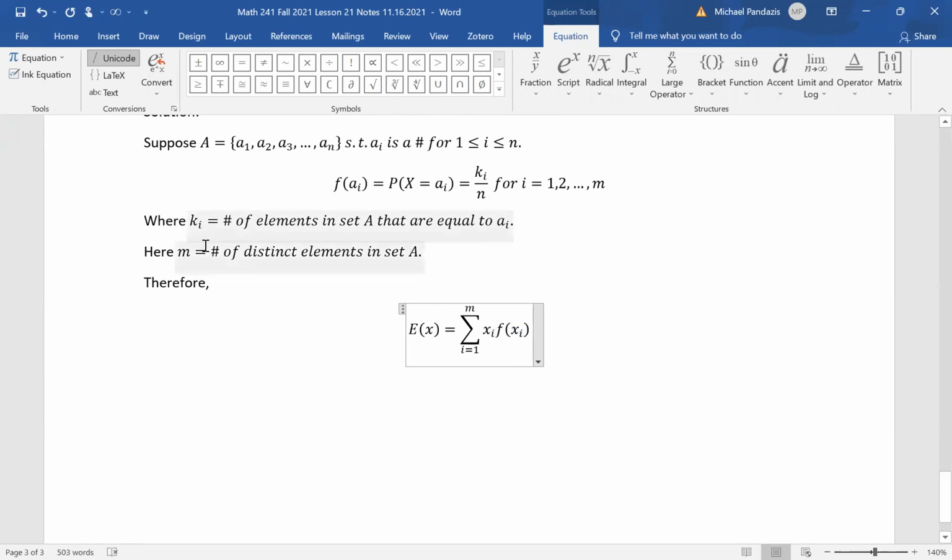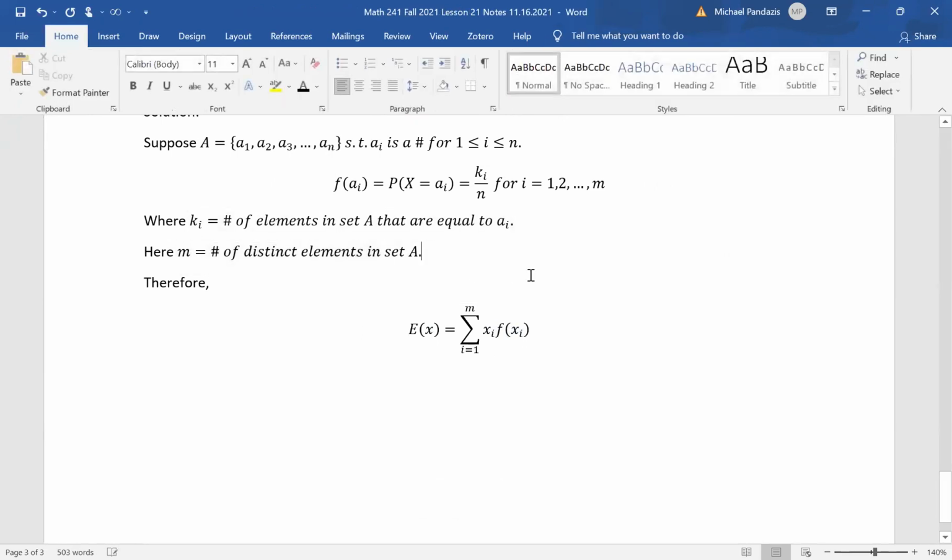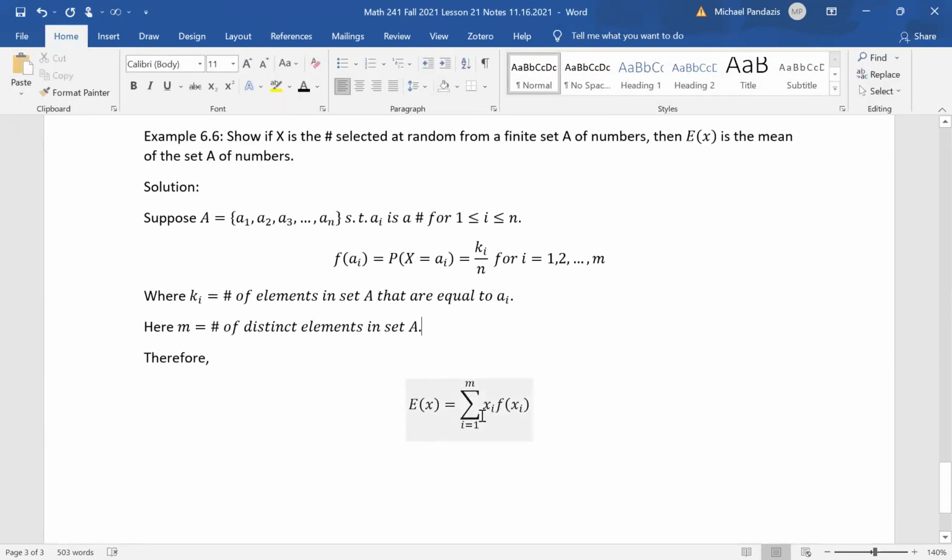There are little m many distinct elements in set A, so E of X is the sum of products, where each product is each distinct number in the set A, denoted x sub i, times the probability of selecting that number in the set, f of x sub i.